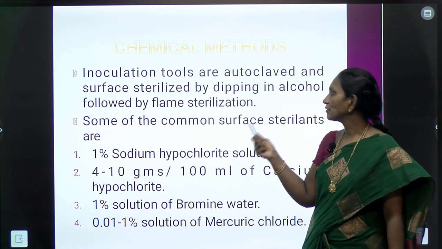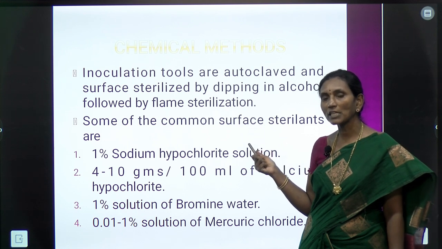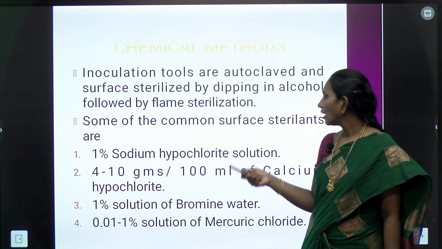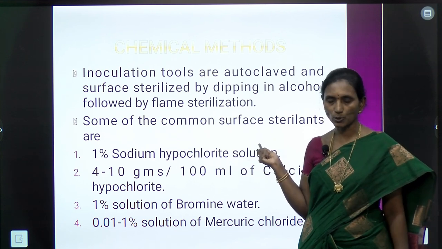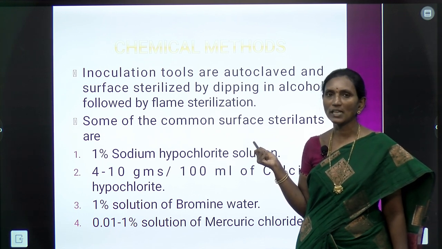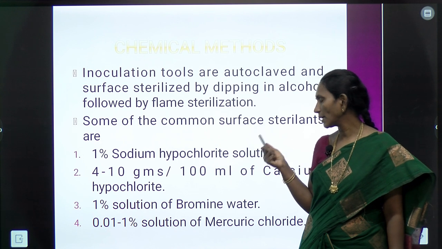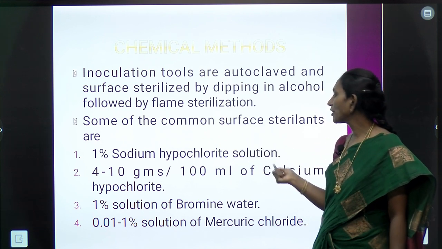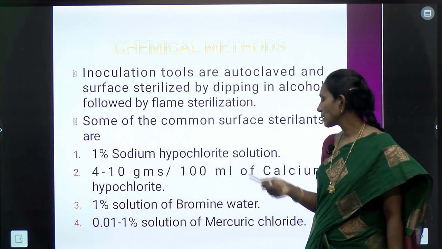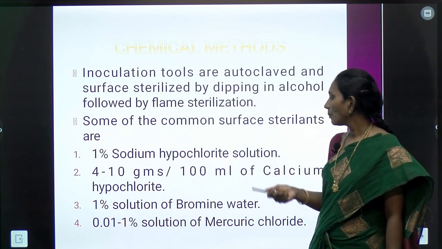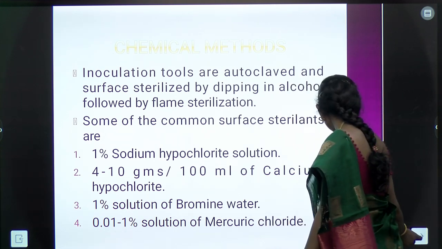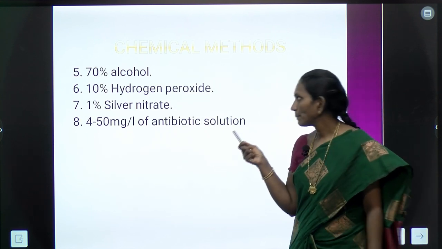Some of the common chemicals which are used to sterilize the explants I have given here. 1% sodium hypochlorite solution. Mostly this chemical is used to sterilize most of the explants in plant tissue culture technique. 4 to 10 grams per 100 ml of calcium hypochlorite. This chemical can also be used. 1% solution of bromine water. 0.01 to 1% solution of mercury chloride. 70% alcohol.